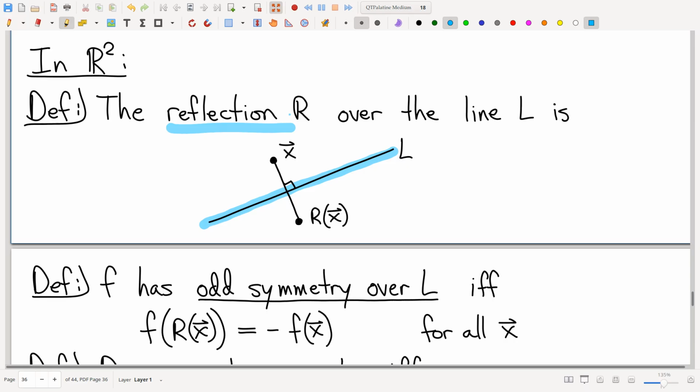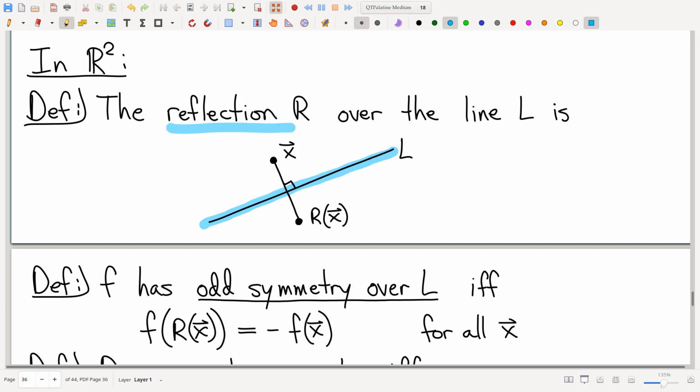You're just reflecting over the origin. Here we're reflecting over a line. We're reflecting over a 1-dimensional thing because we're looking at 2-dimensional points. Okay? So this is a generalization, a natural extension of that previous idea.